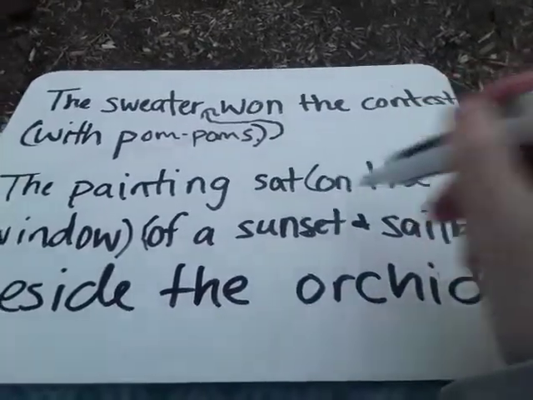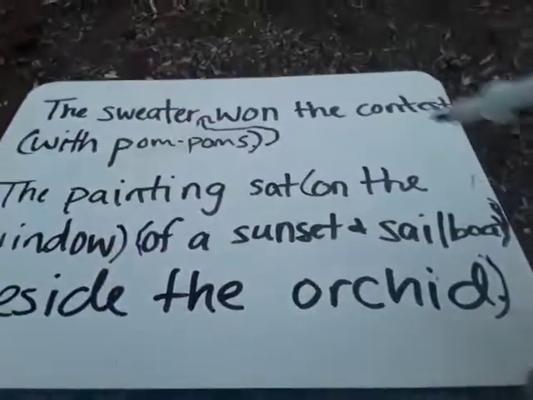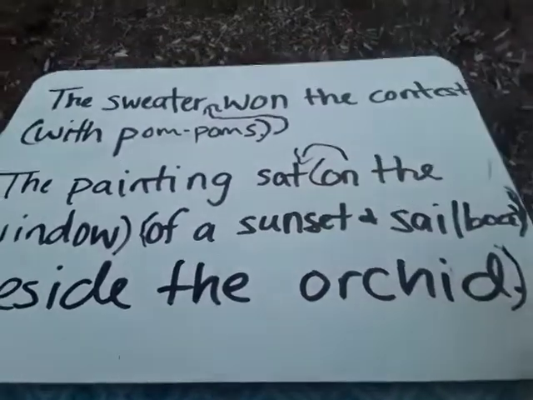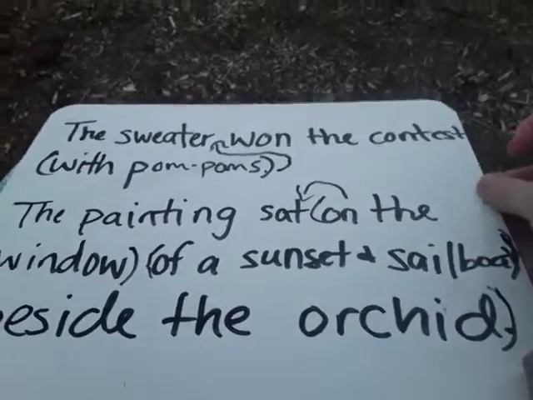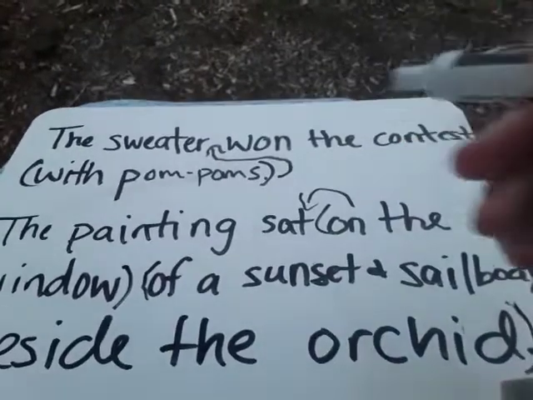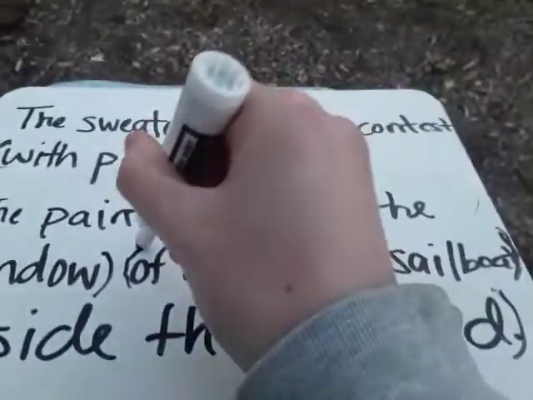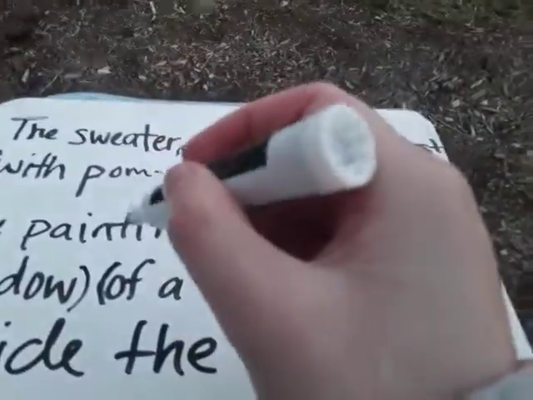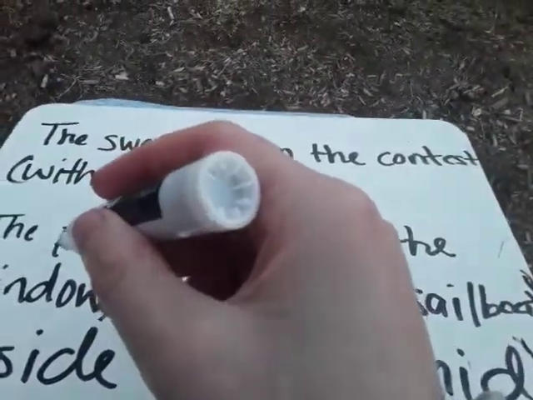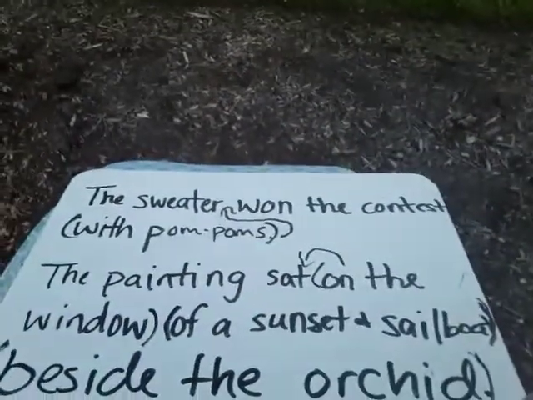So, on the window is describing sat. So, is that correct? On the window describing sat? Yes, on the window is in the correct spot. Okay, let's look at this second one, of a sunset and sailboat. Is that describing window? Can that describe window?